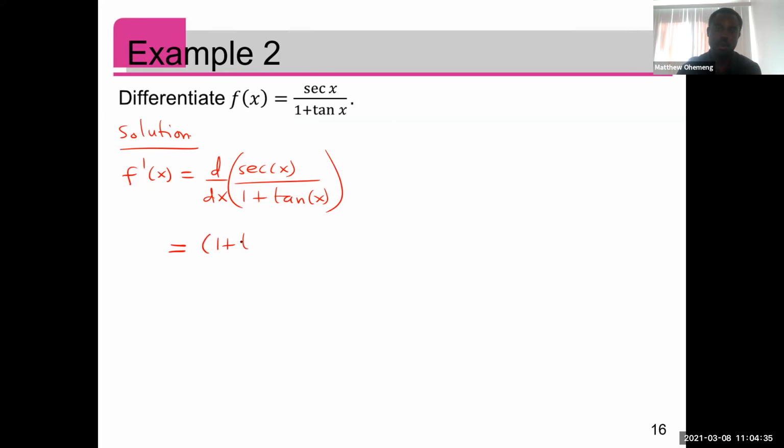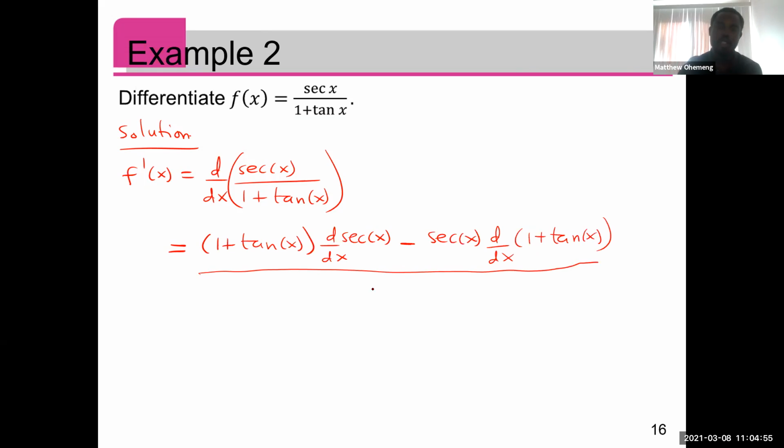So it's low, d high, the derivative of the high, which is secant of x, minus high d low, that's the derivative of 1 plus tan of x, all over the square of what is below. So that's 1 plus tangent of x all squared. After this step, we just look at where the differentiation operators are attached and then get those derivatives, and then we are done. So moving forward, I'll just repeat the 1 plus tan of x.